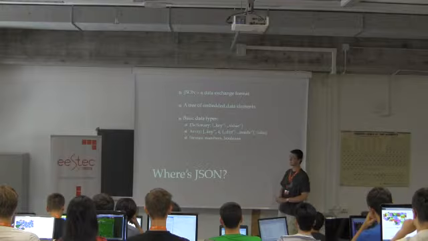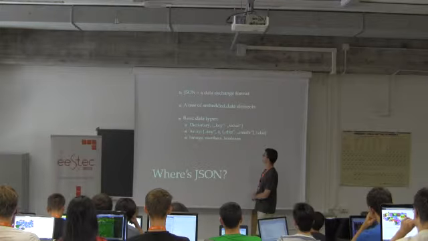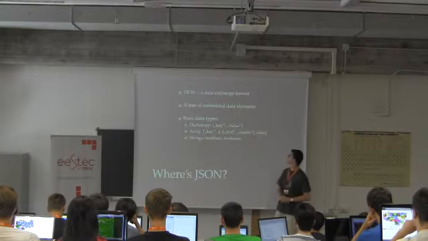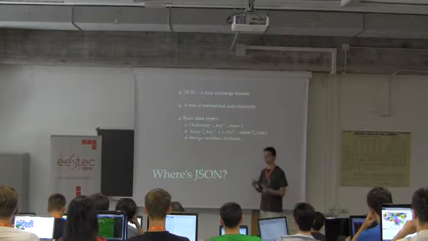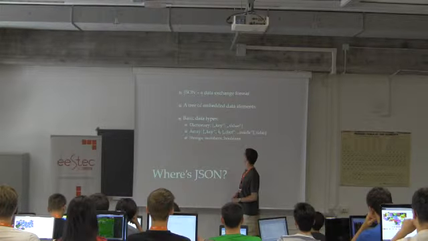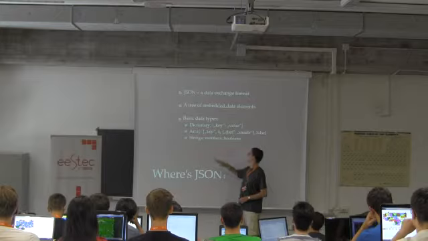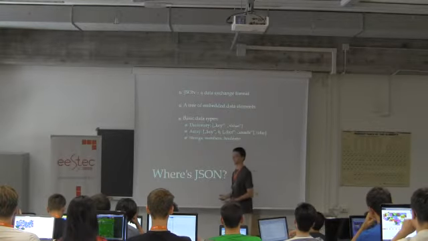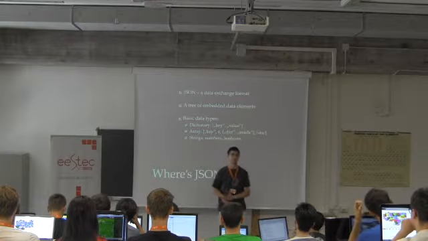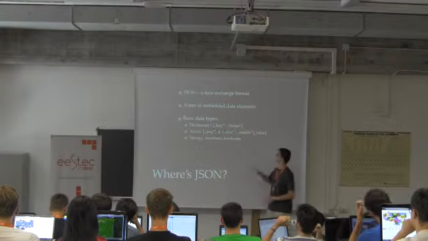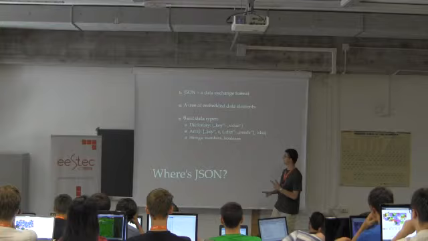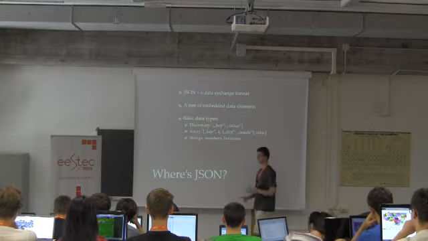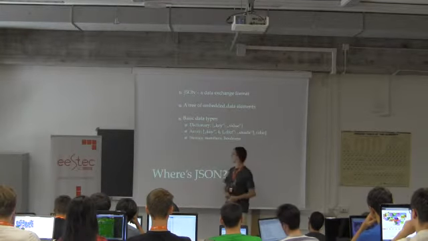The basic data types that JSON uses are, first, a dictionary. These are pairs where the key is a string and the value can be any other type of data. So you can, for example, include a string or a number or an array or anything that's allowed in JSON.